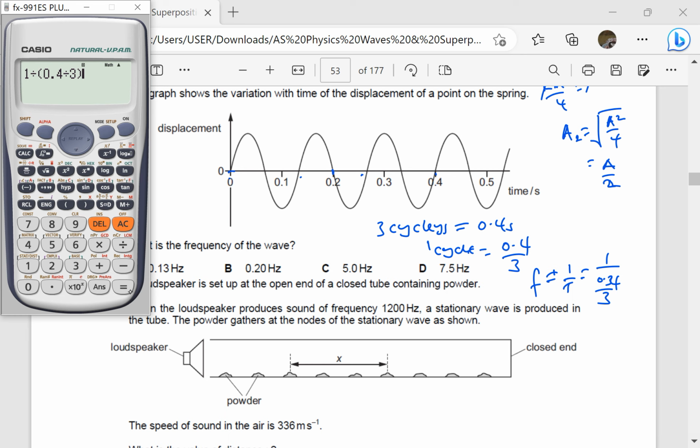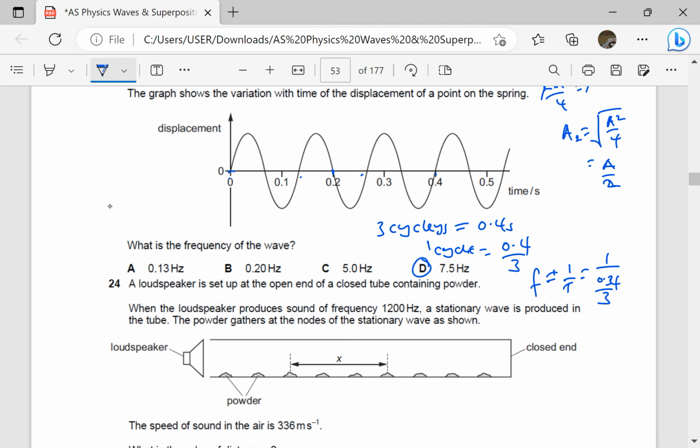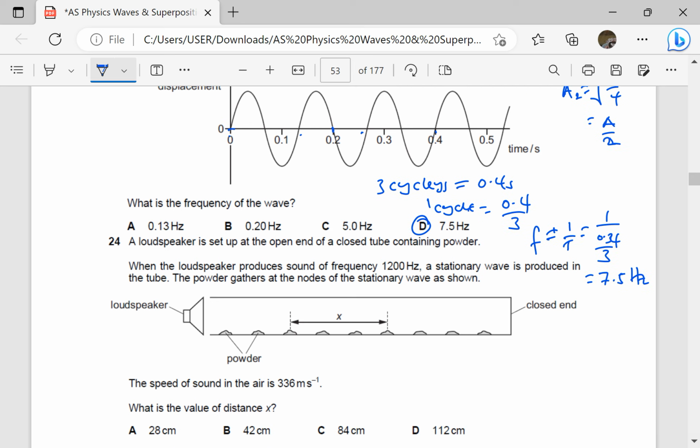Okay, so that is 7.5. So our answer here is going to be D. I counted 3 this time because I couldn't estimate a cycle here. It would be a wrong estimate. I took all 3 cycles. So this is time for 3 cycles. I divided by 3 to get time for 1 cycle, which is very accurate.